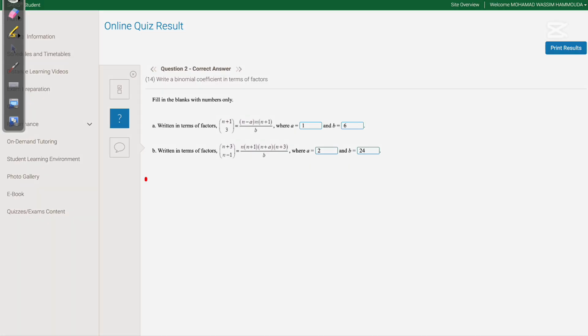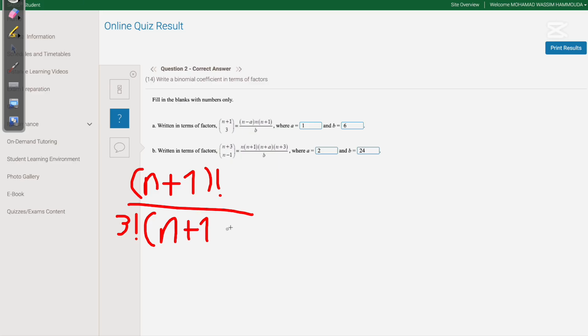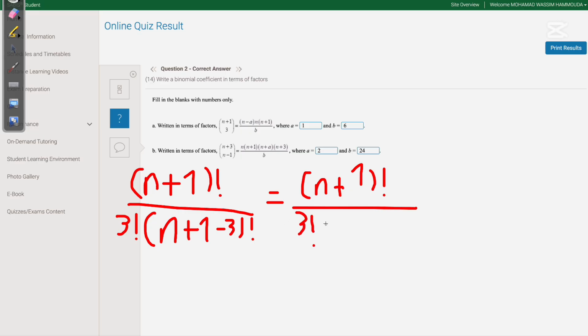So we're gonna do (n+1) factorial over 3 factorial times ((n+1) minus 3) factorial, which is equal to, after simplifying, (n+1) factorial over 3 factorial times (n-2) factorial. And then we're gonna do the same thing like the first question.